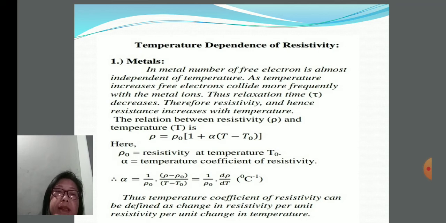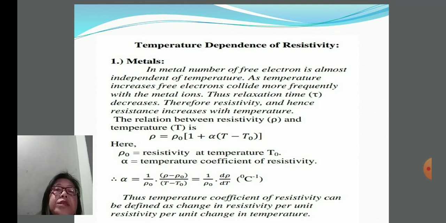In a metal, the number of free electrons is almost independent of temperature. As temperature increases, the free electrons moving towards the positive terminal of the battery collide more frequently with the metal ions. When they collide more frequently, what will happen to the relaxation time?